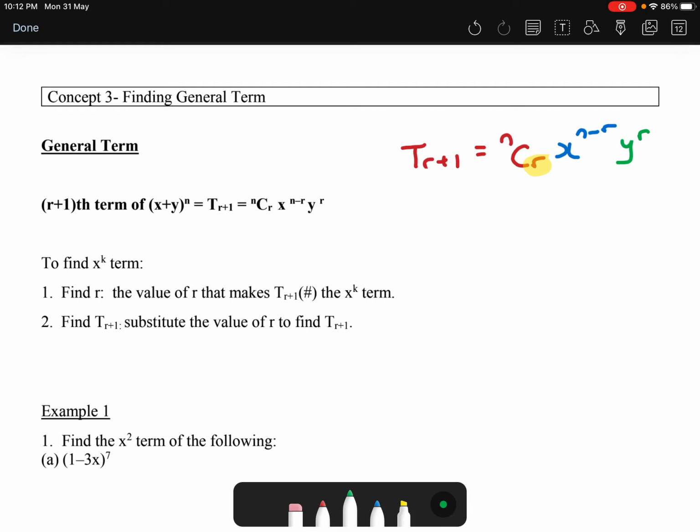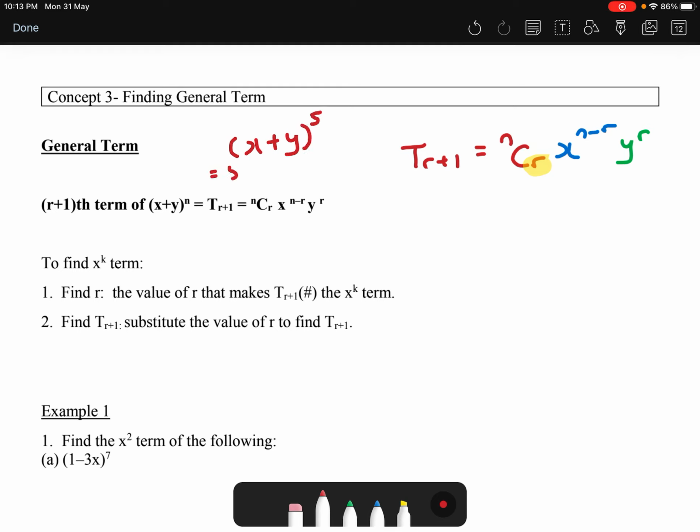You might wonder why it is the term r plus 1. Remember, whenever we expand our binomial, it always starts from 0. Let's say I have (x plus y) to the power of 5.